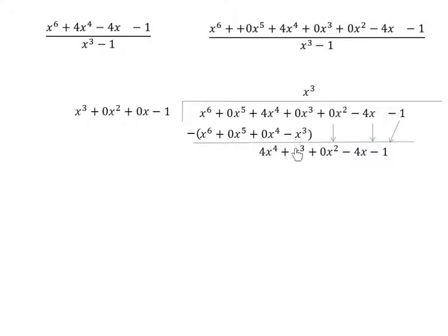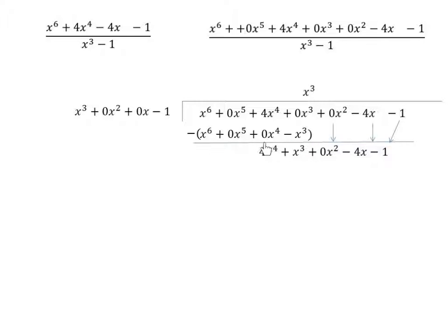So if we are following along in the algorithm, after division and multiplication, the next thing is to subtract. We're going to subtract this quantity from the dividend. So let's subtract. This x to the 6 is going to cancel out because of the negative x to the 6, if you distribute the negative into every single term inside these parentheses. The 0s are gone.